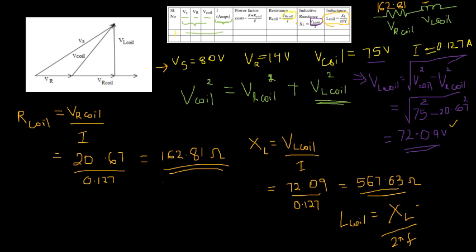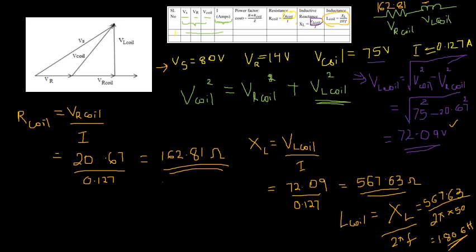If I assume the frequency as 50 hertz, with the inductive reactance of 567.63 divided by 2 pi into 50, this yields a value of approximately 1.806, in units of Henry. So this is how you calculate the inductance of the coil.